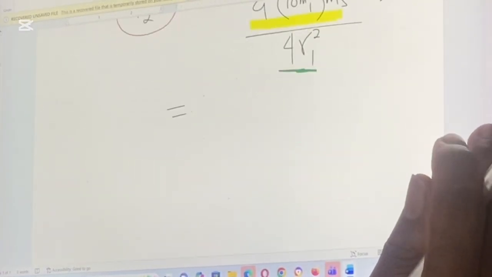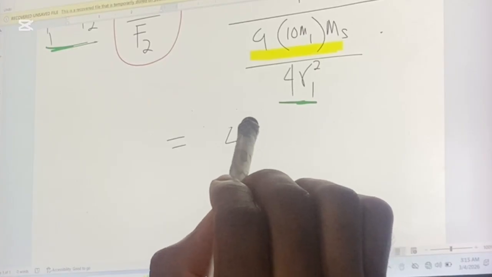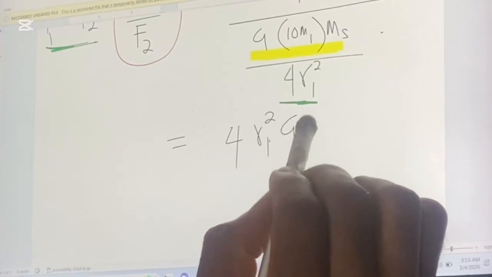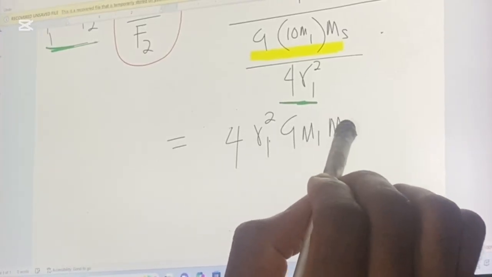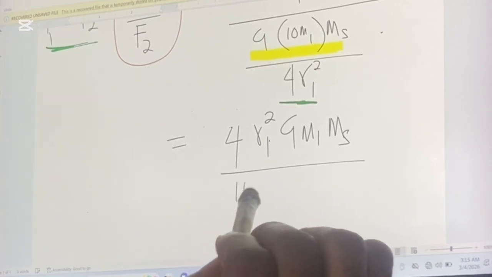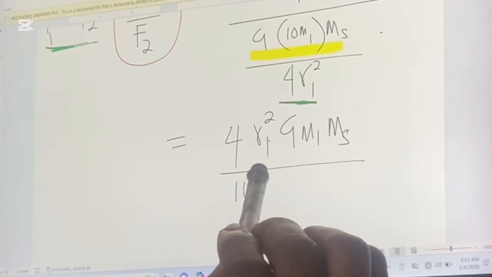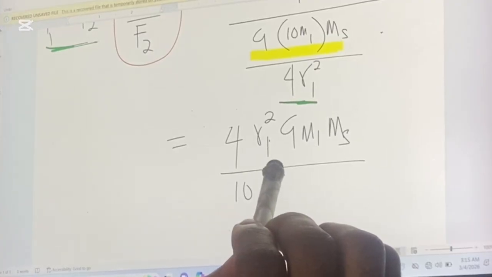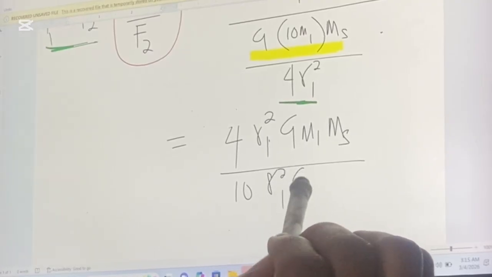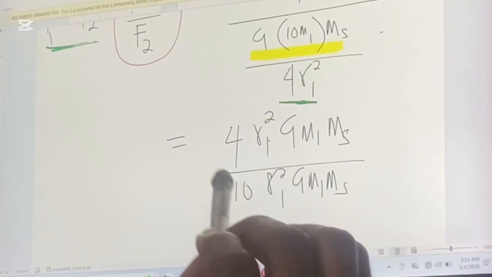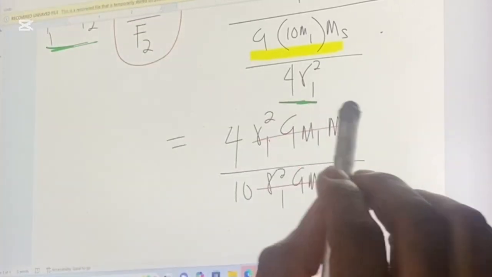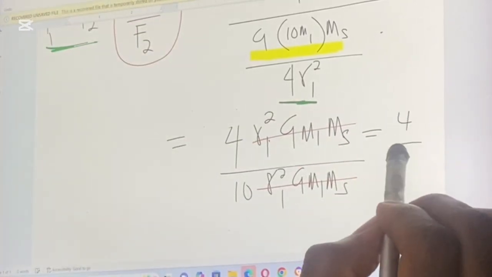So when you do that, we have 4 r1 squared G M1 M sun over 10 r1 squared G M1 M sun. Please take note of this. So this guy will cancel this. I'll be left with 4 over 10.